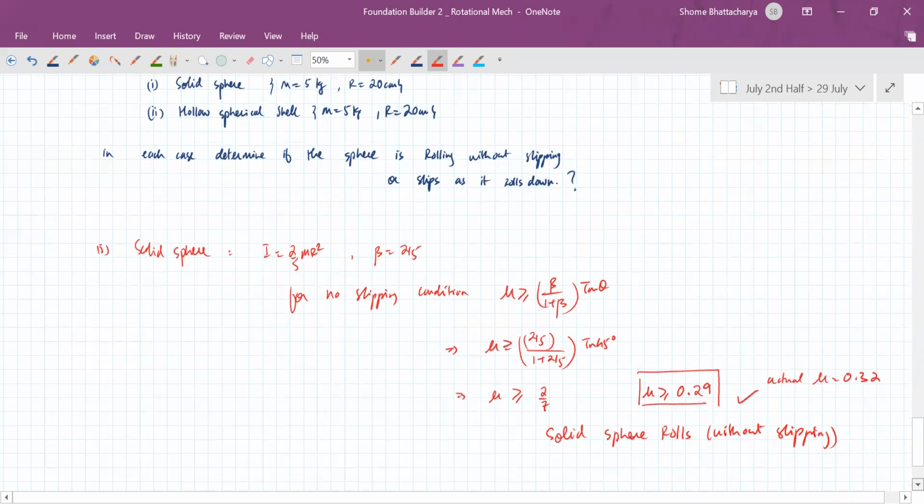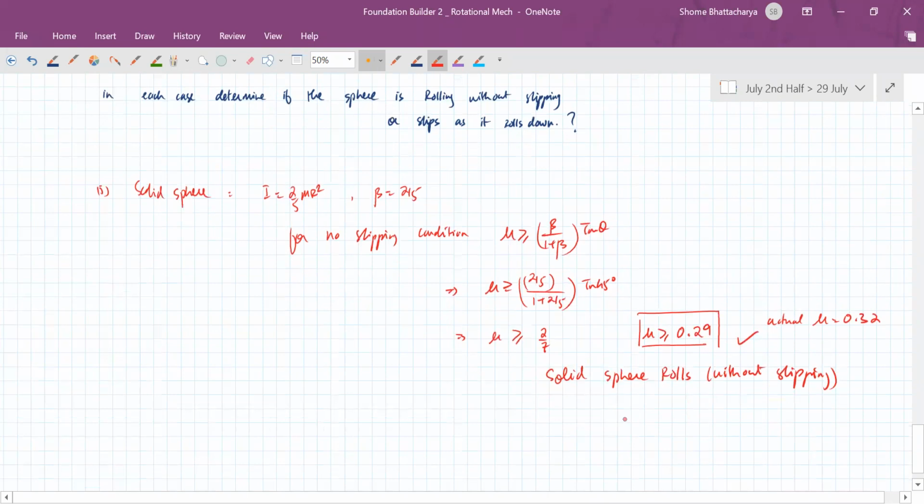The solid sphere rolls without slipping with an acceleration of 10 into 1 by root 2 divided by 1 plus 2 by 5. So 5 by 7 into 5 root 2.